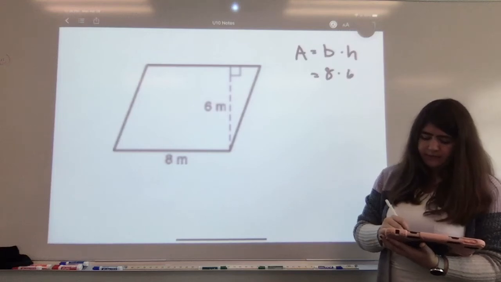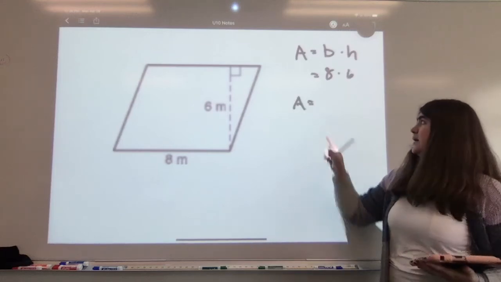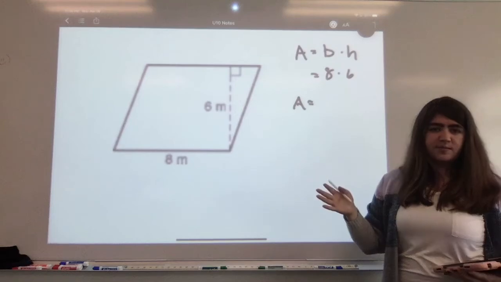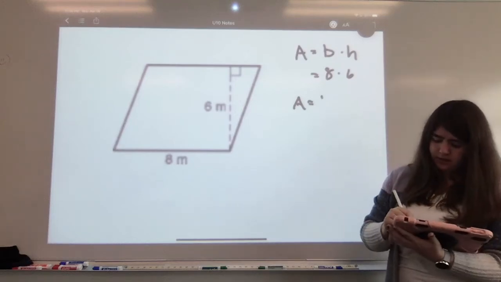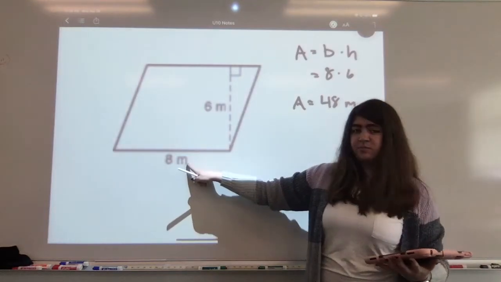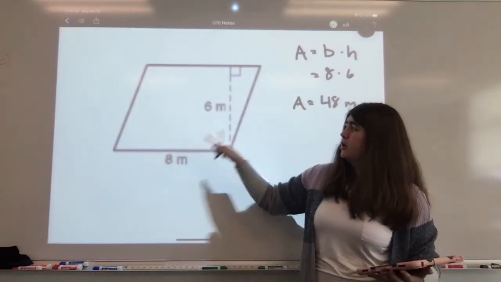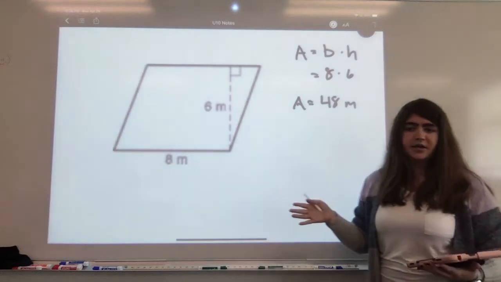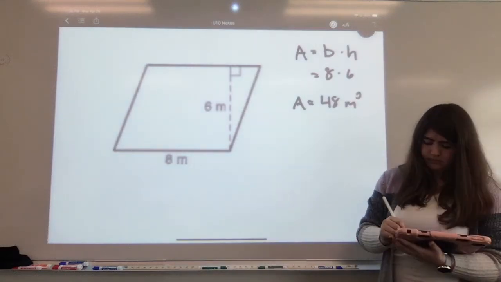So the area of this shape is equal to 8 times 6, or 6 times 8, which is 48. Our units are given as meters, and because we are multiplying 2 things together and it is area, those are going to be square meters.